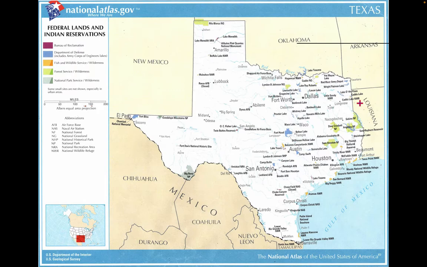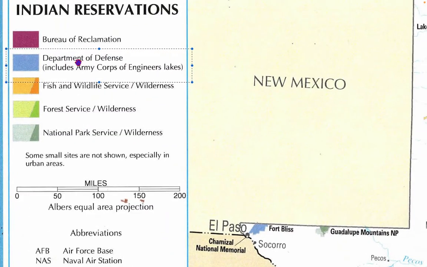So Texas remains free, sovereign, and independent, but the lands ceded to the federal government, all the lands, which was really the blue areas here, up here in the key, the blue areas, Department of Defense. And that's misspelled.